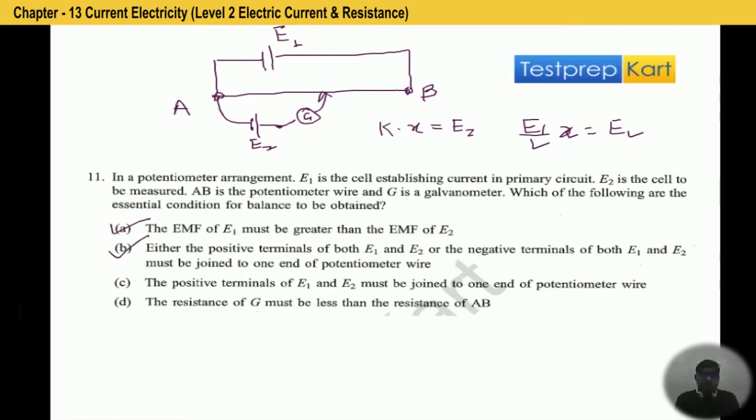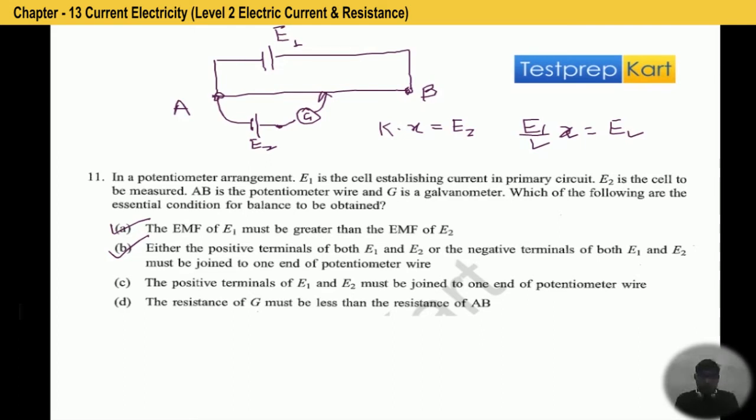So it is correct. Next, the positive terminals of E1 and E2 must be joined to one end of the potentiometer wire.